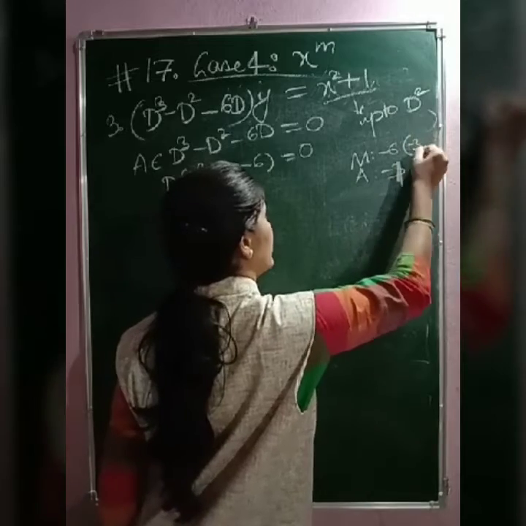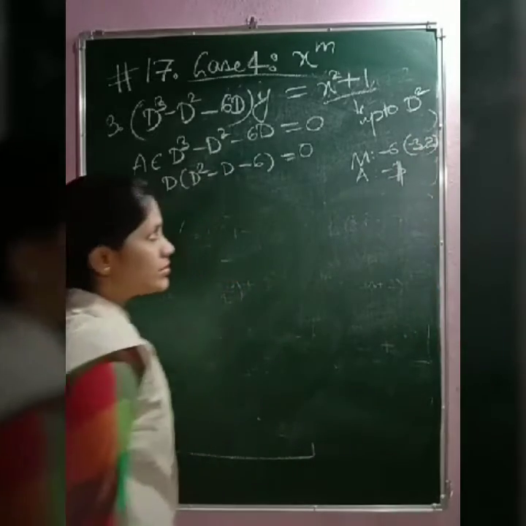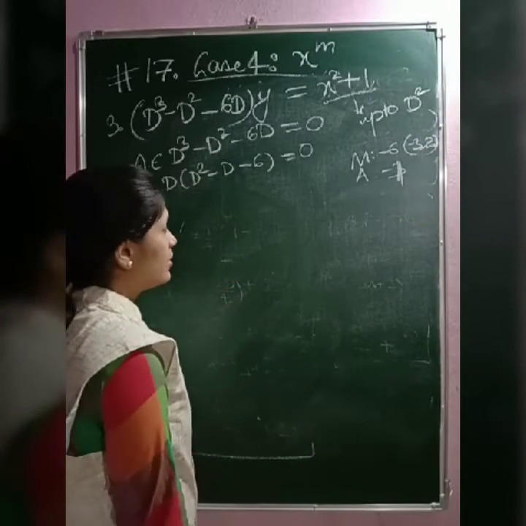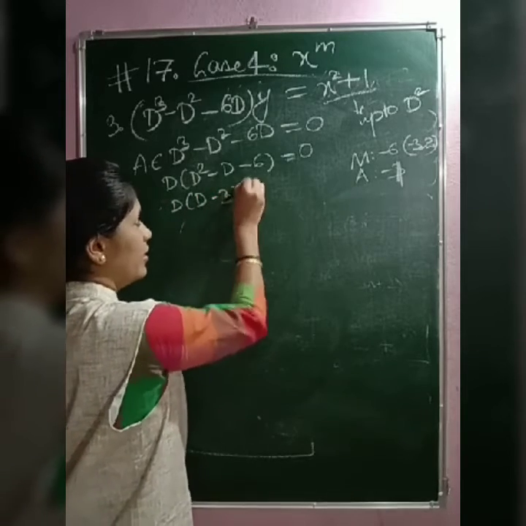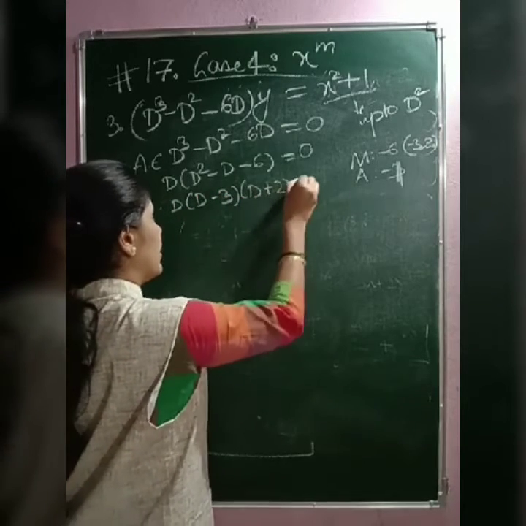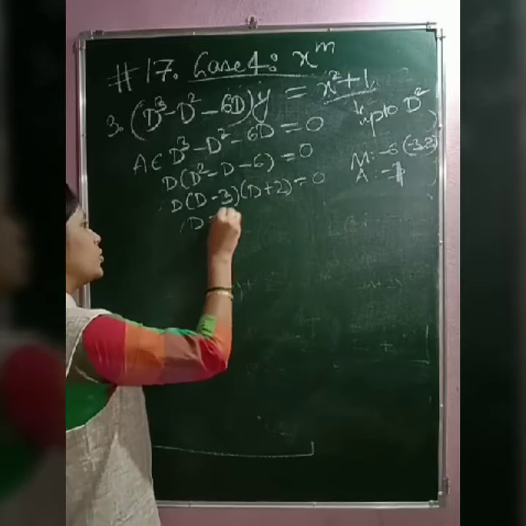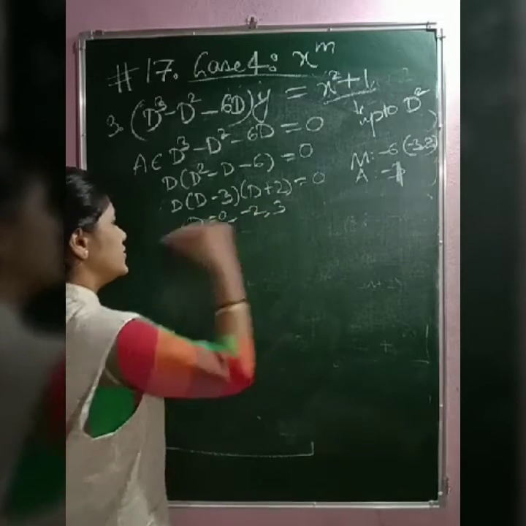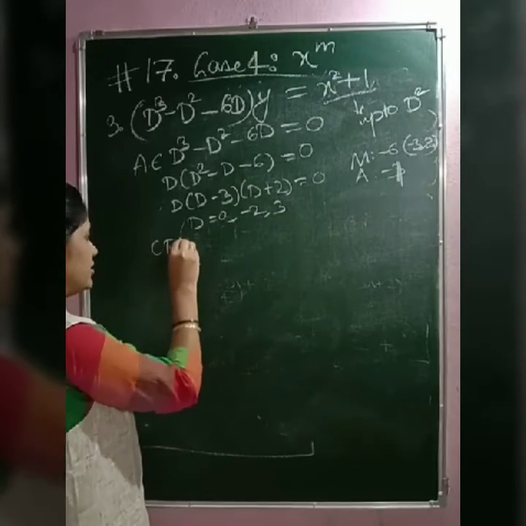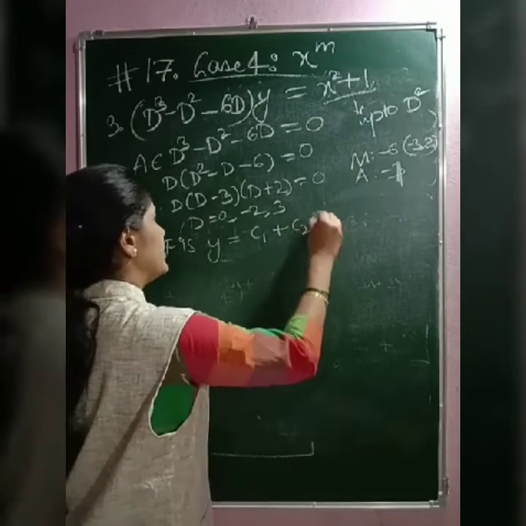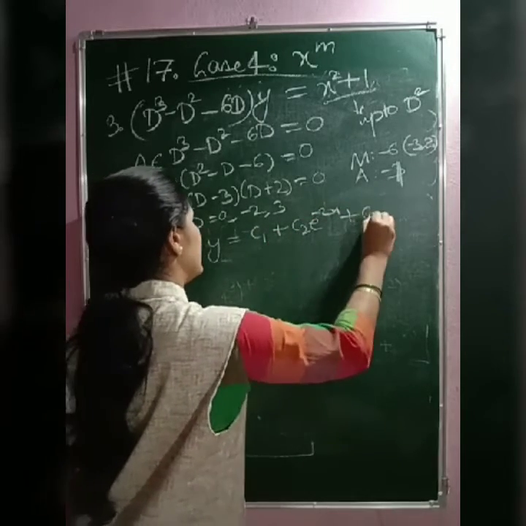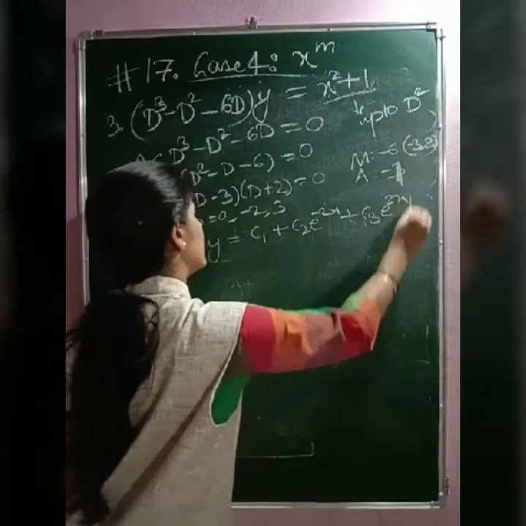Minus 3 and 2. Minus 3 twos are minus 6. Minus 3 plus 2 is minus 1. So, D into D minus 3, D plus 2 equal to 0. D equal to 0, minus 2, 3. Complementary function is y equal to c1 plus c2 e raised to minus 2x plus c3 e raised to 3x.